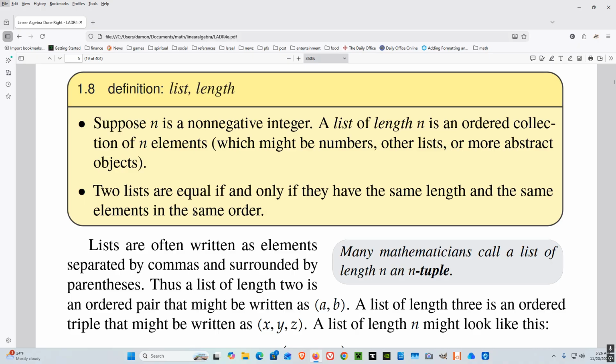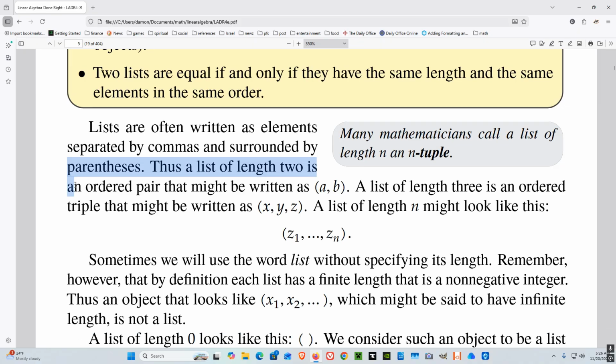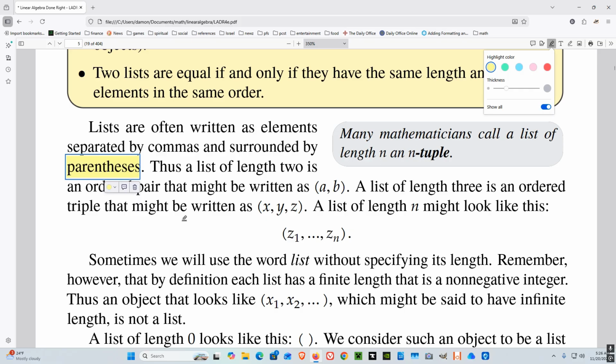So order matters. Lists are often written as elements separated by commas and surrounded by parentheses. Notice it's not brackets, it is parentheses. Thus a list of length 2 is an ordered pair that might be written as (a, b).